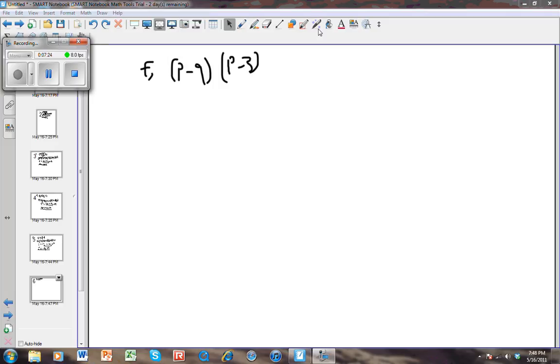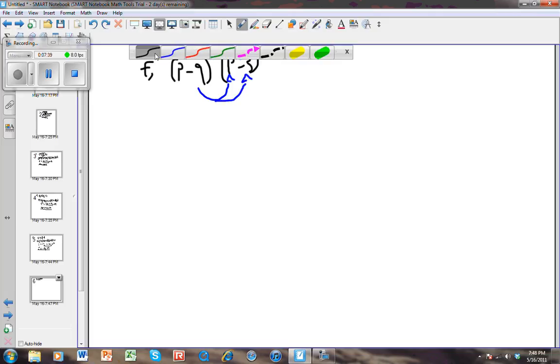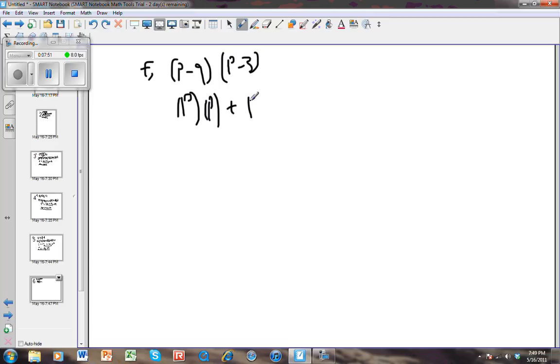F. No fooling around here. This is serious stuff we got here. So we've got to do p times p right here, p times negative 3, negative 9 times p, negative 9 times negative 3. So we're going to write this out. This is going to become p times p plus p times negative 3 plus negative 9 times p plus negative 9 times negative 3.